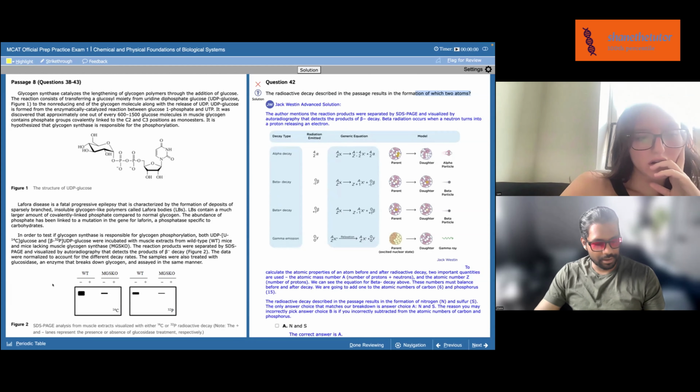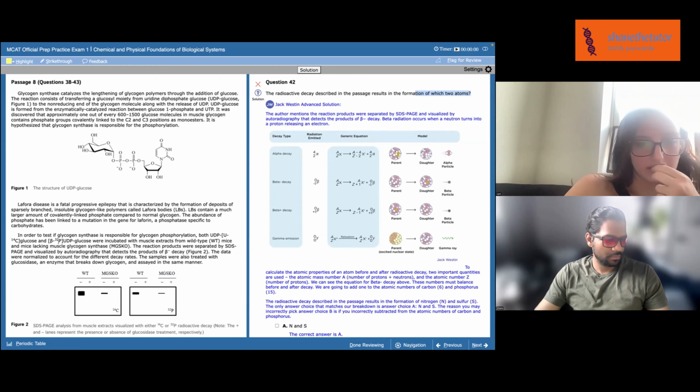So what are the radioactive ones? C, P. Is it these? When you say these, what are you referring to? The C, U and beta P.